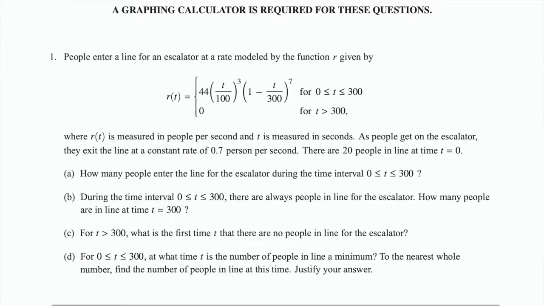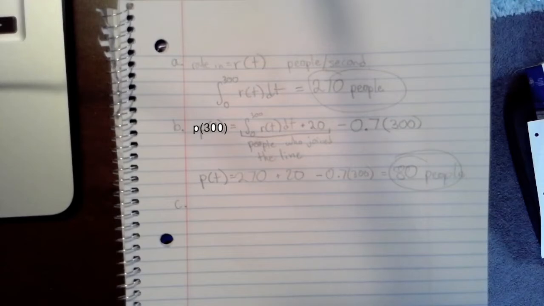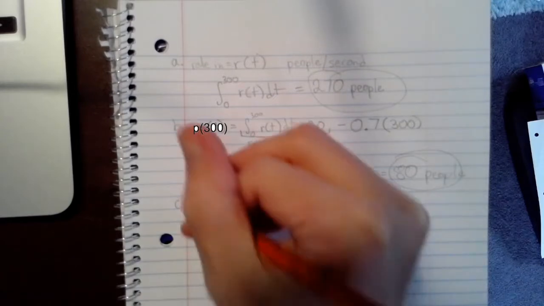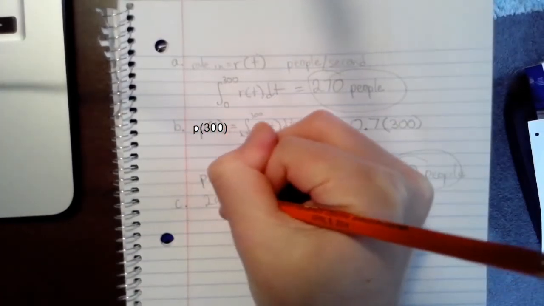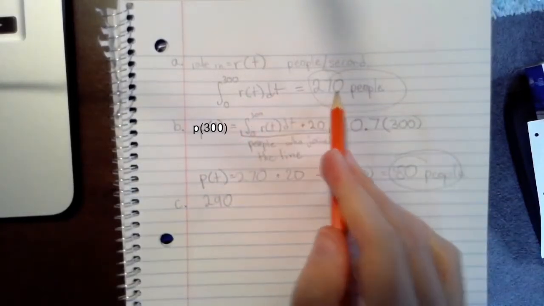Alright, on to part C, which says, for time greater than 300 seconds, what is the first time t that there are no people in line for the escalator? So again, we're dealing with people rather than people per second. I know that at 300 seconds, there were 290 total people that had joined the line, because we had 270 people that joined and 20 people already in it.